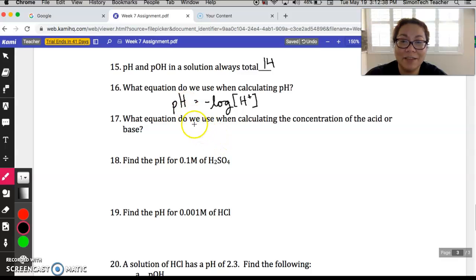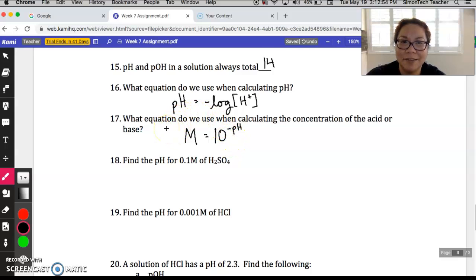And the inverse of log happens to be 10 to the negative pH. Okay, so that will be equal to the concentration of the acid.